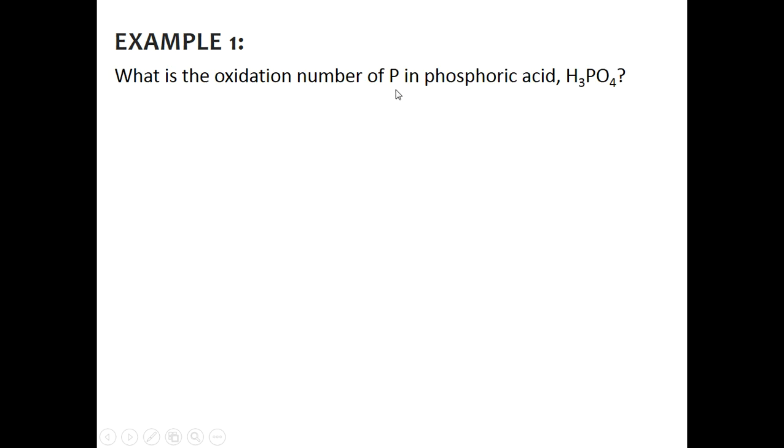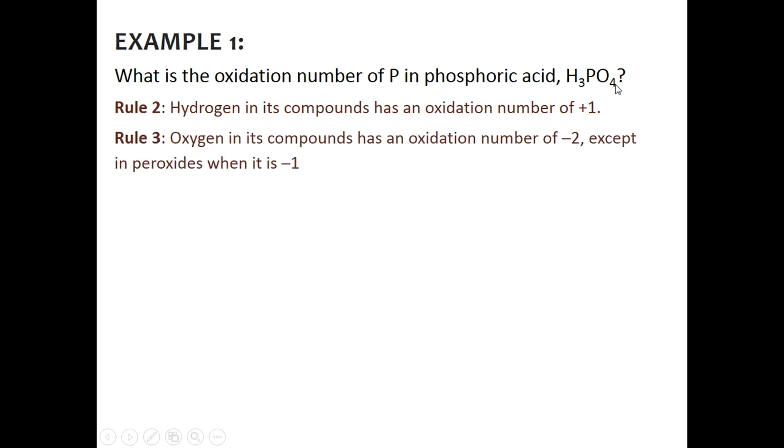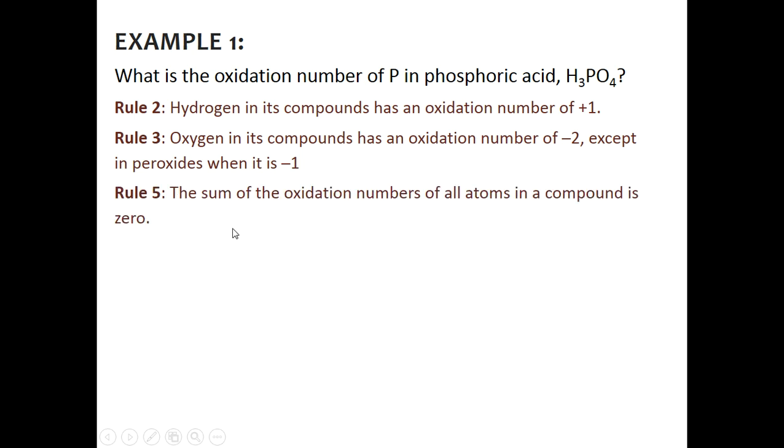So let's do some examples. Here is one: what is the oxidation number of phosphorus in phosphoric acid? So I've got hydrogen, that's rule 2. I've got oxygen, which is rule 3, and it's a neutral compound, so I use rule 5, where I add up all the oxidation numbers of all the atoms to equal 0. I have 3 hydrogens, I have 4 oxygens, each at -2, and I solve for X. I have 1 phosphorus.